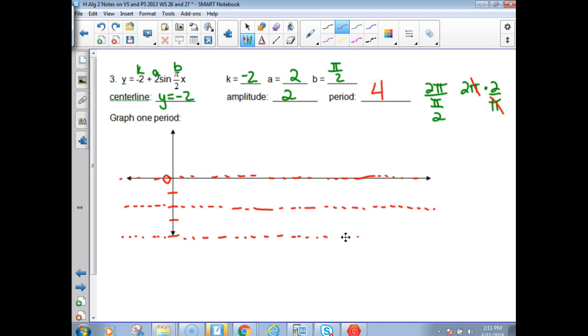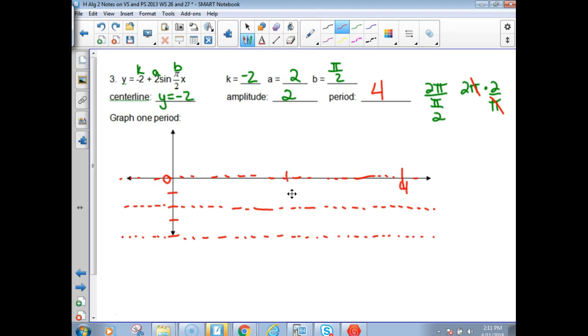Now, most of the graphs in your homework assignment, they have lines on them. You can do just what I'm doing when you're graphing. I just don't have lines on this paper, so I'm showing you where they are. All right, so our whole graph should stay in this range. Our period's 4, so I'm just going to make a mark out here at 4.